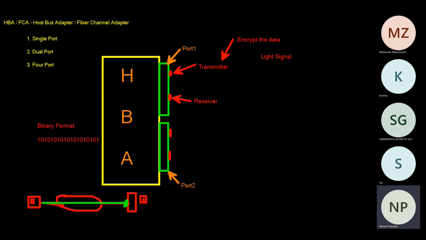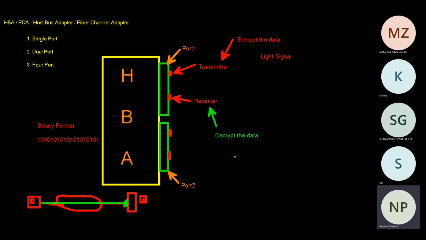Whenever it reaches the FCA end, the FCA also has the same mechanism. Ports will be there, and each port will have a transmitter and receiver. There, the receiver will receive the data and decrypt it.